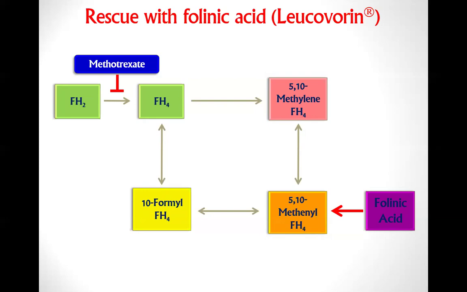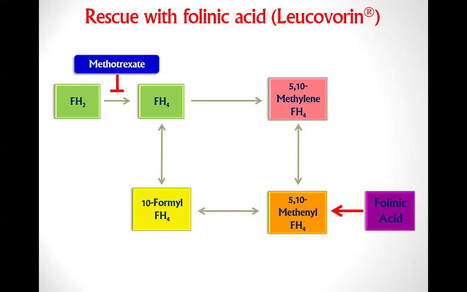Fortunately, the response to folinic acid in normal cells is quicker compared to malignant cells. So we can rescue the normal cells, especially the cells of the bone marrow, with leucovorin or folinic acid, even though the methotrexate will still continue to work as an anti-cancer agent upstream.